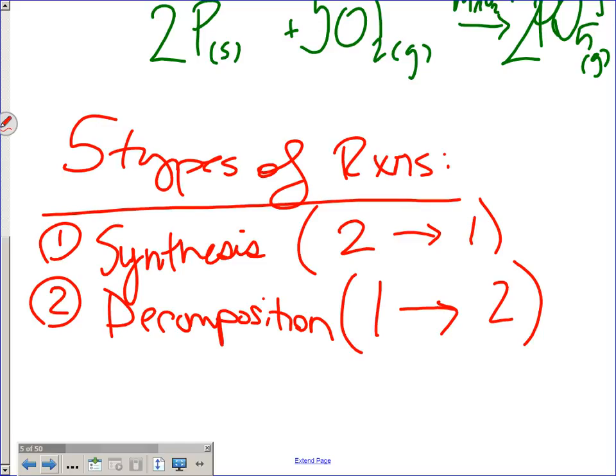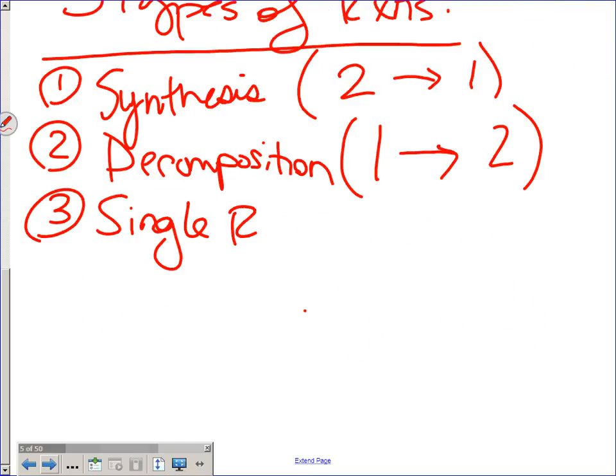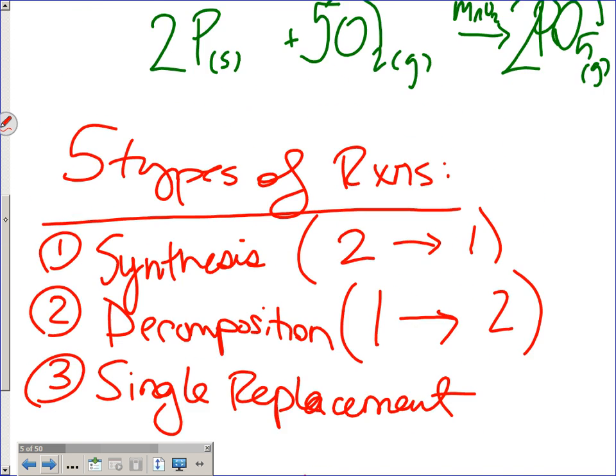All right. Next one is a single replacement reaction. That's where one thing in a compound trades places with something else, single replacement. So let's look back.